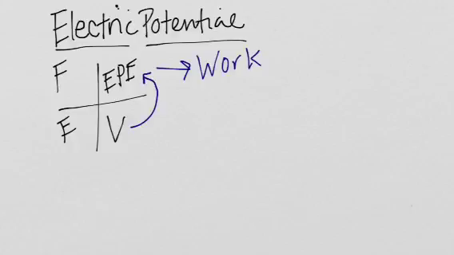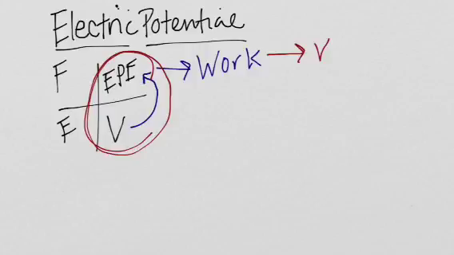So we're really looking at this loop here from potential energy back to potential, which is good because it's going to give us a chance to practice quite a few problems just getting this idea down. Once we really understand how potential relates back to work, we can start thinking about how this is going to play out in terms of velocity, and where the connection here is through kinetic energy.